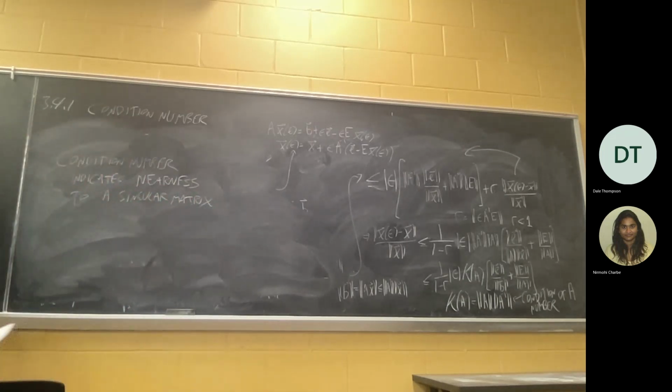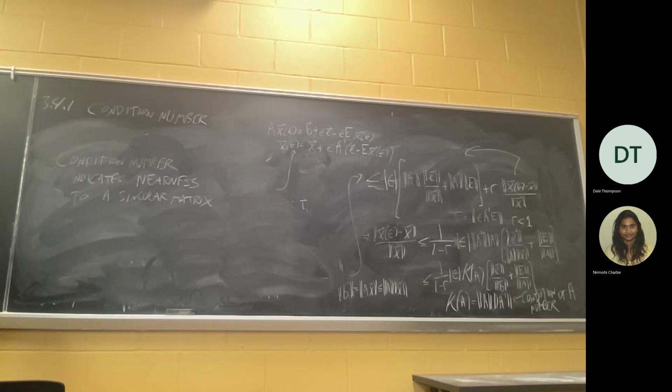In other words, if a matrix is very badly conditioned, its condition number is very large, that means that A is very close to a singular matrix. So you'd only have to change A by a little bit, and the matrix would be singular.